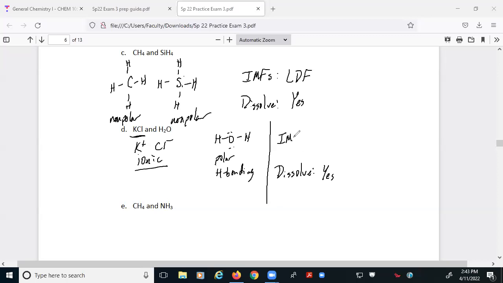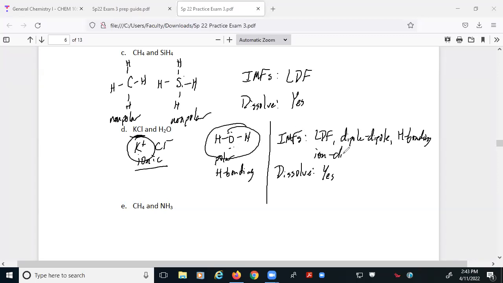What kind of intermolecular forces exist between them? Well, pretty much everything. I've got the London forces, I've got the dipole forces, I've got the hydrogen bonding, and now because I have an ion and a polar molecule, this is where we would have an ion dipole force as well. So like the name implies, ion dipole forces are going to be interactions between ions and polar substances.